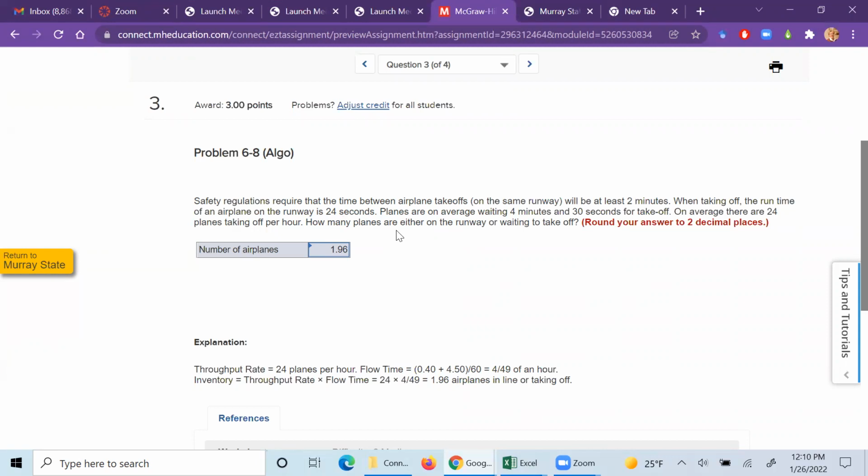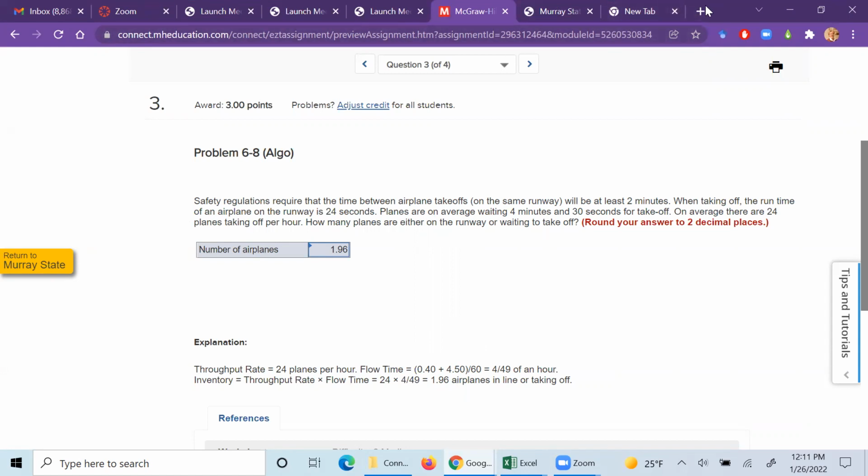And our flow time says that they are on the runway for 24 seconds, and they're waiting 4 minutes and 30 seconds. Okay, so we want to convert that into minutes for us.